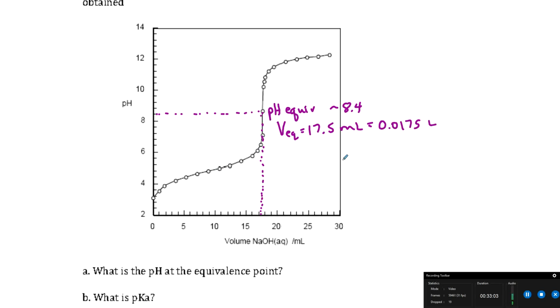Now, to find the halfway point to the equivalence point, you would divide the volume in half. You don't need to eyeball it. So half of 17.5 is 8.75. So like about here.